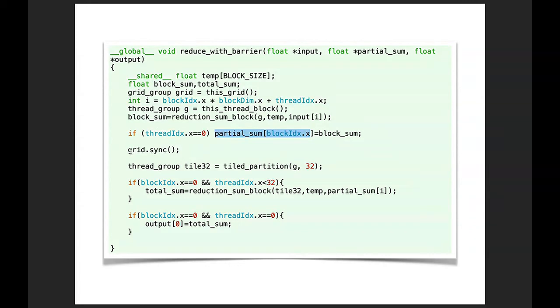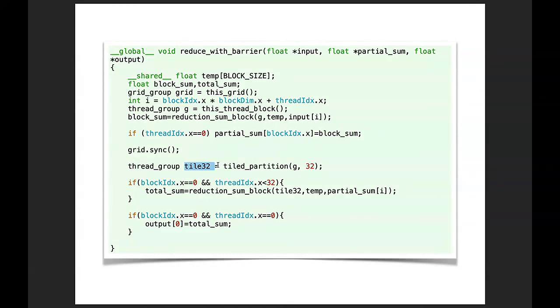Here we synchronize. And now I want to do a binary reduction on this partial sum array. The first thing I do is create a tile partition where, out of my entire block, I now make subgroups of tile 32, each one of which contains only 32 threads.